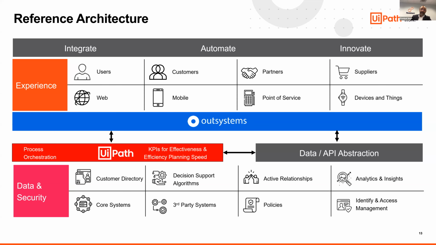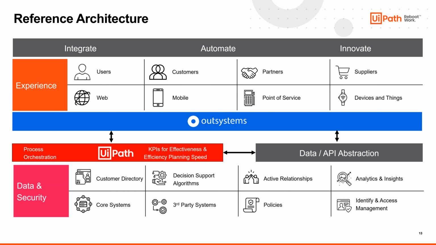And then again, integrating with third-party systems. If there are external portals that you need to extract and fetch information from, you can use UiPath to bring that information into your system of engagement and leverage that data. And there is a huge potential being unlocked by leveraging the intelligent document processing framework of UiPath as well.